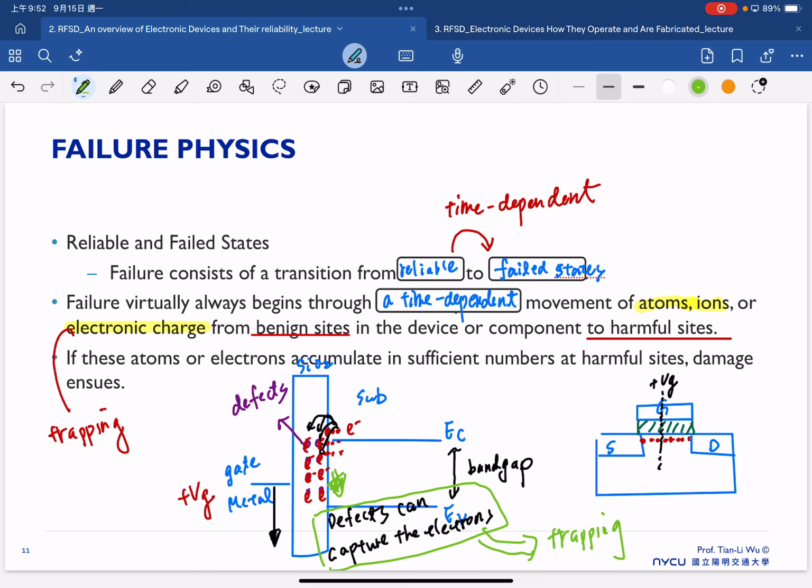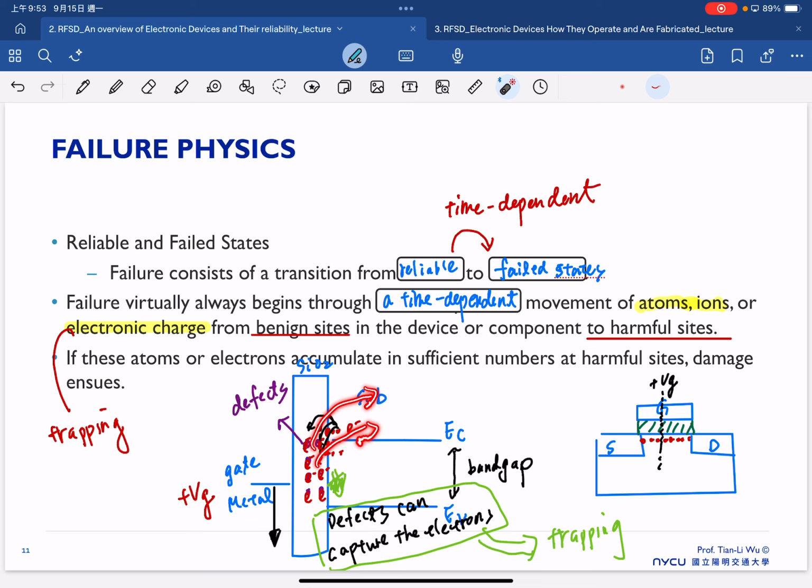Because of this trapping effect, once we apply bias, the electron being injected inside will be captured by the defect and cause a trapping effect. But sometimes we will also bias at 0 volt, because you will not always turn on your transistor. Once you bias at 0 volt, the electron at this place might also skip back to the channel, because there is no positive bias to keep attracting it.